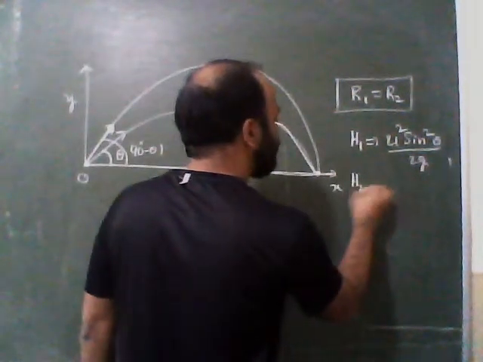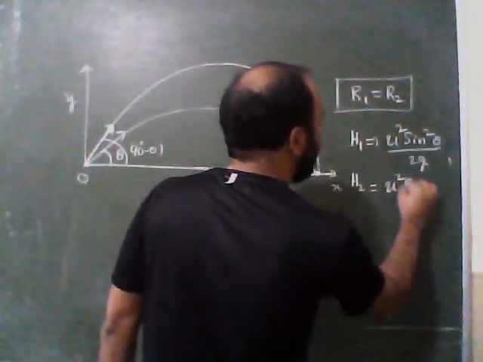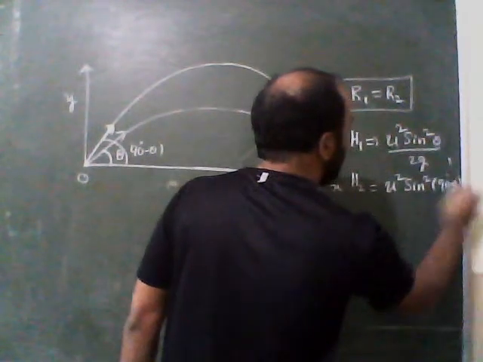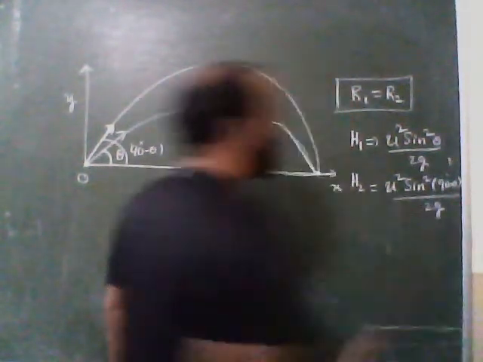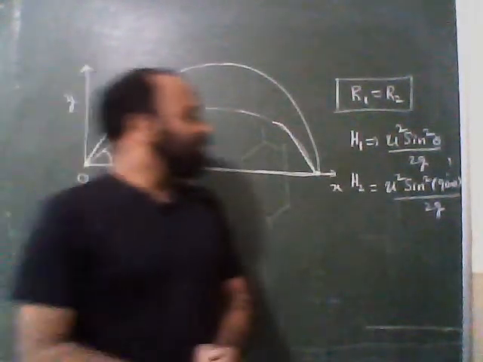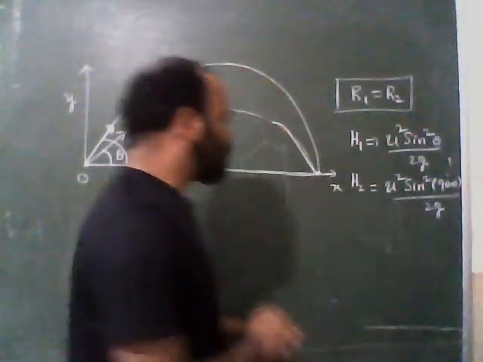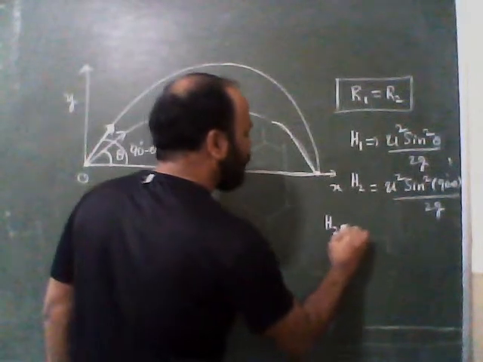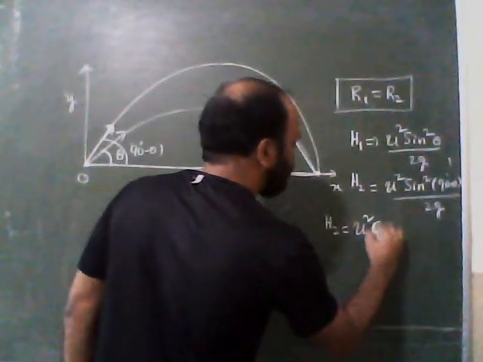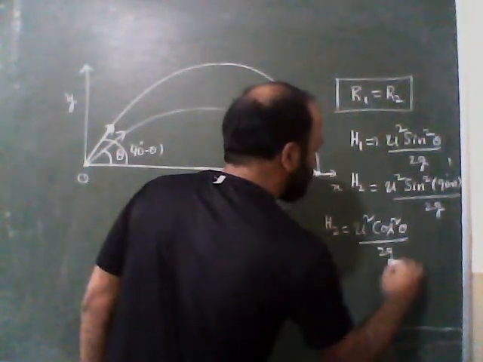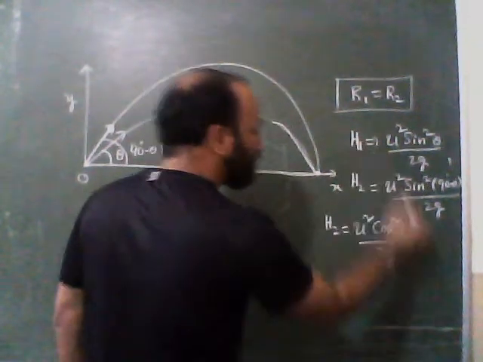Second, H2 equals u square sine square of 90 minus theta by 2g. Here sine of 90 minus theta is cos theta. So H2 we can write as u square cos square theta by 2g. This is H1, this is H2.